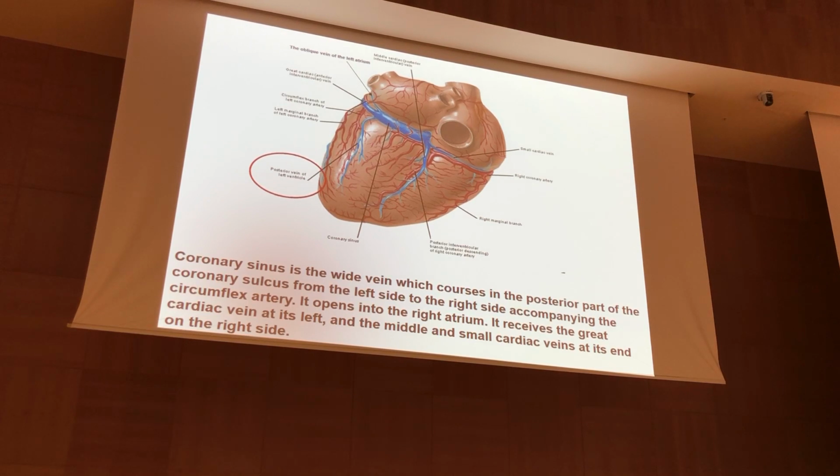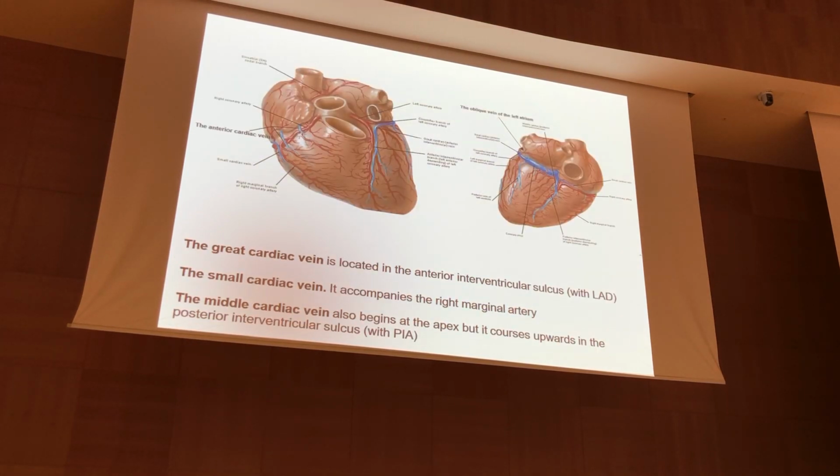Now this is the coronary sinus, and it is basically a continuation of the great cardiac vein. This is the middle cardiac vein, running with the PIA, and this is the small cardiac vein. They all drain into the coronary sinus. So the middle cardiac vein is with the PIA, and the great cardiac vein is with the LAD. You can see it going up and continuing as the coronary sinus.